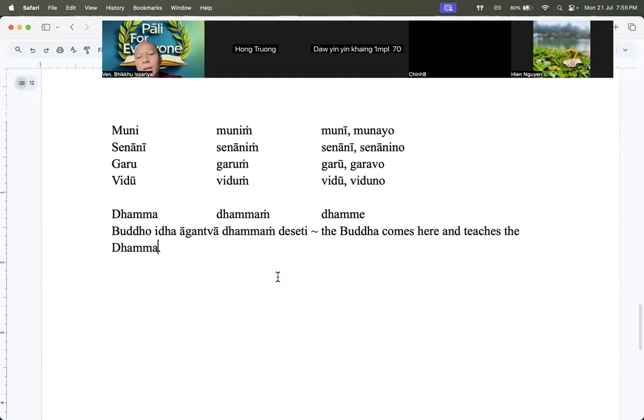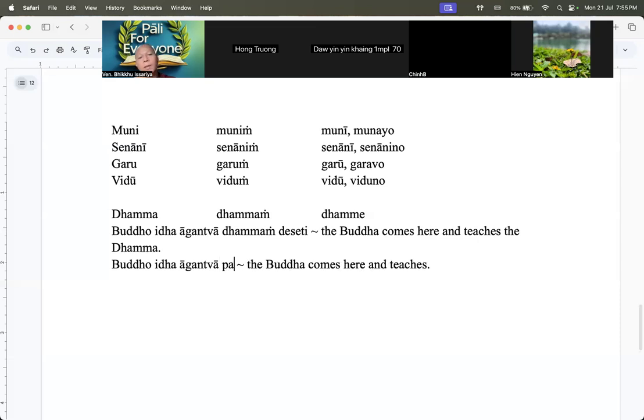So the Muni comes here and teaches the Dhamma in this way. And also here we can understand. So Bodho Ida Agandawa Dhammandesiti.